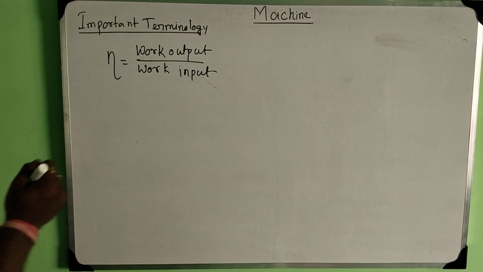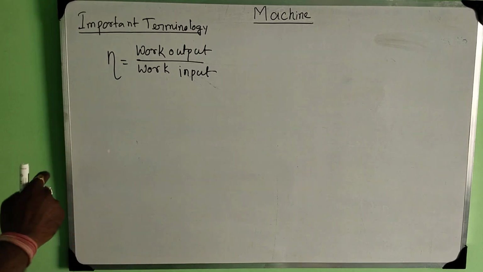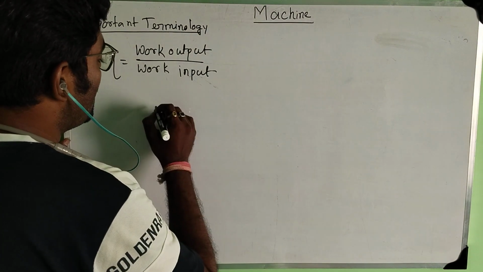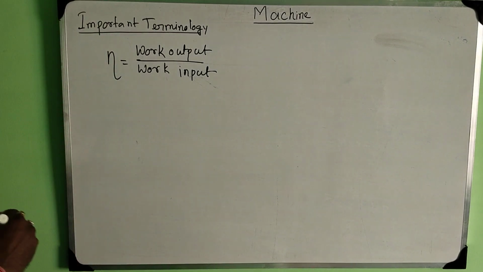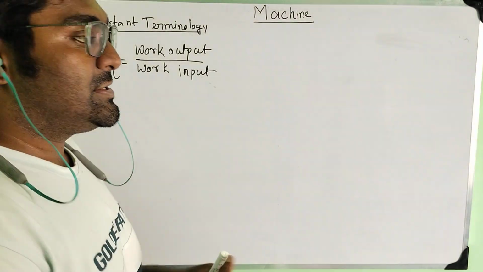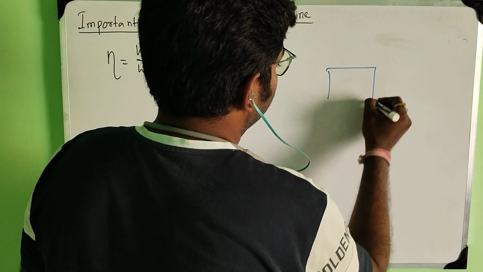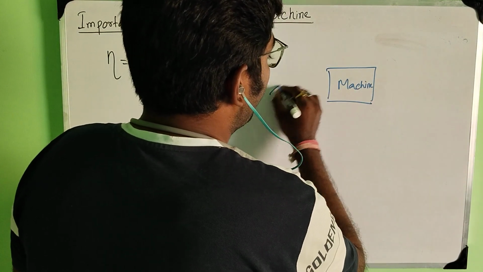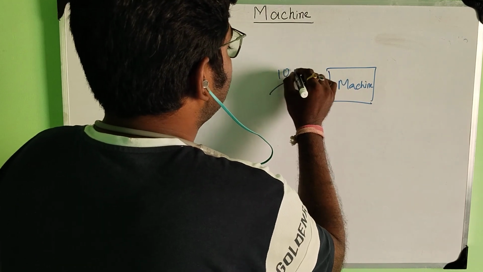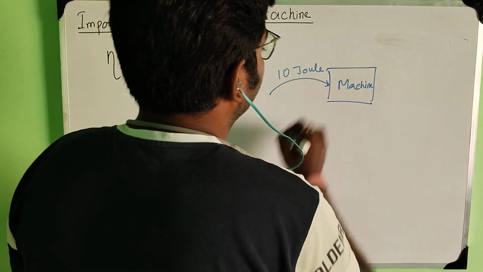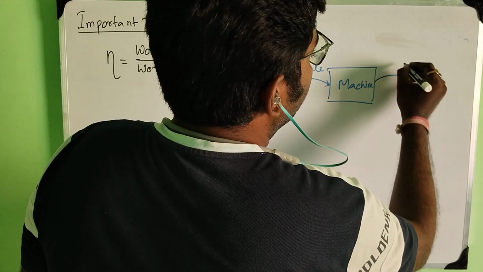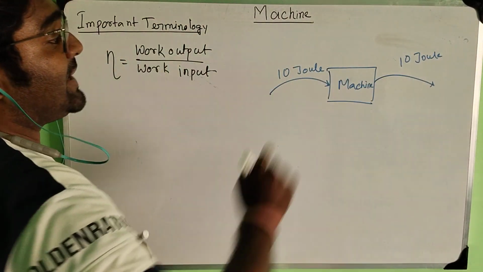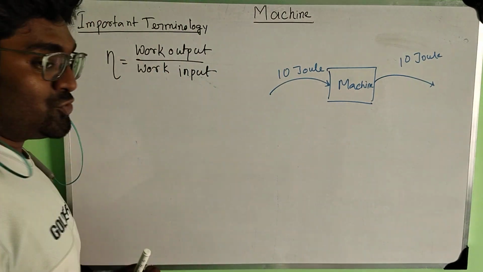Now, there is no machine in the universe which gives, suppose this is a machine, let's take it as a machine. We are giving 10 joule work. No machine in the universe gives exactly 10 joule work output.